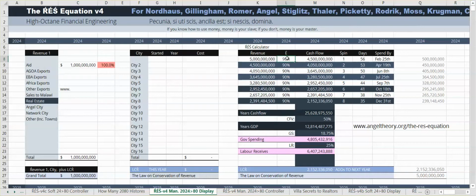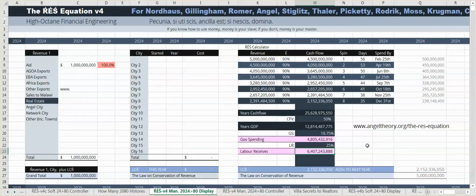And spin is 8, which generates 25.6 billion in cash flow from just 5 billion in revenue, which creates roughly half of the cash flow that will end up as GDP. 18.75 is currently allocated to government spending, and Labour would receive 6.4 billion of that. That's 25% for Labour.